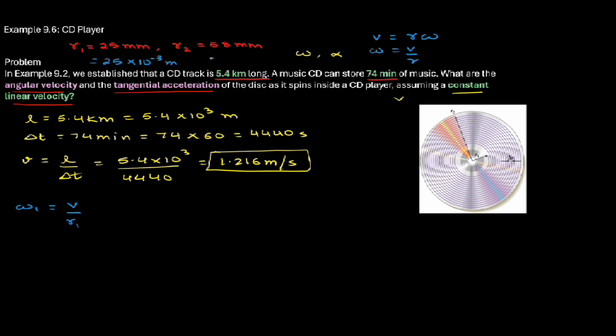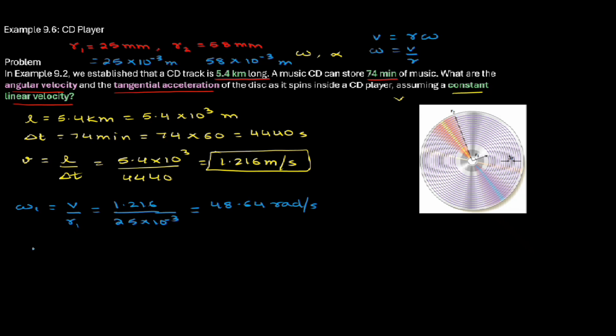Same with R2, this millimeter I will convert to meter by multiplying the number with 10 to the power negative 3. Now substitute. Linear speed is 1.216 divided by the radius, which is 25 times 10 to the power negative 3. And when you solve this, you get omega 1 to be equal to 48.64 radian per second.